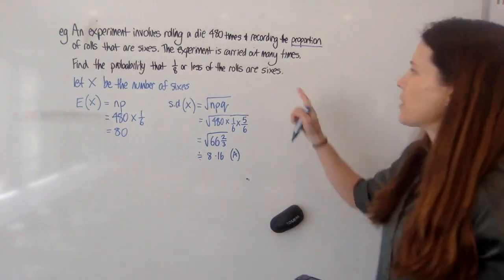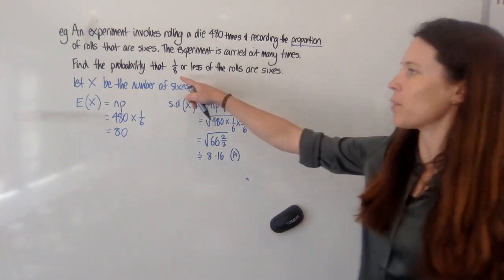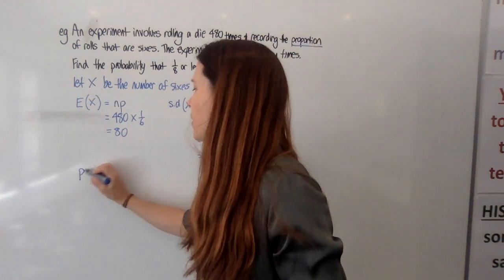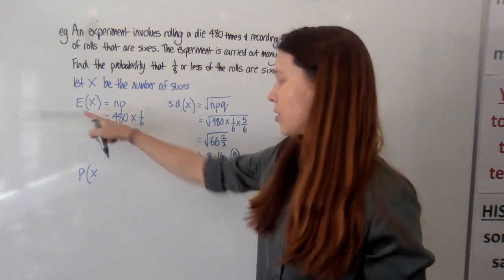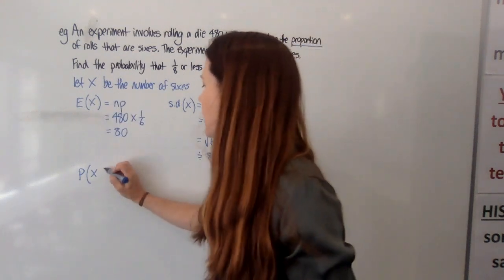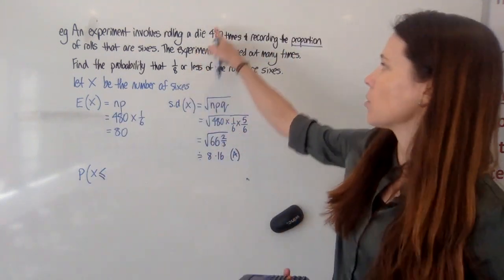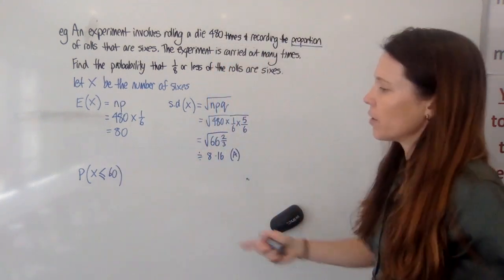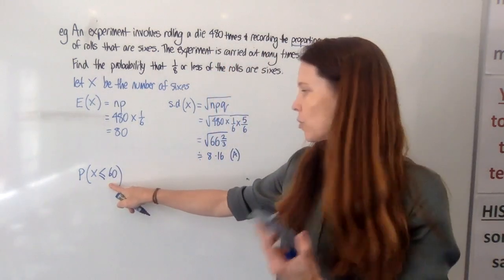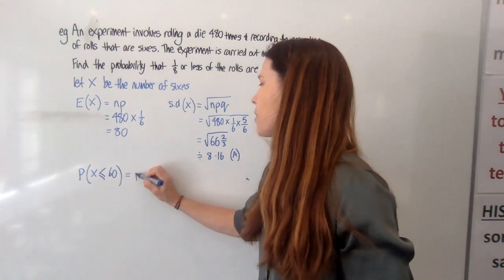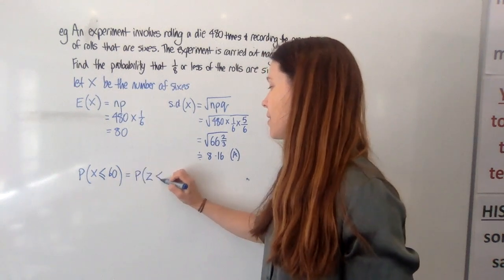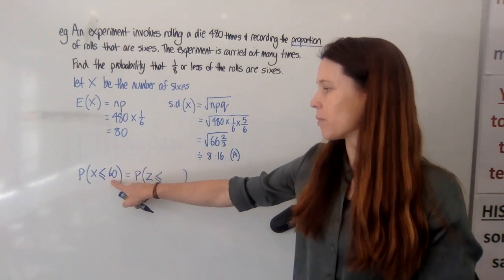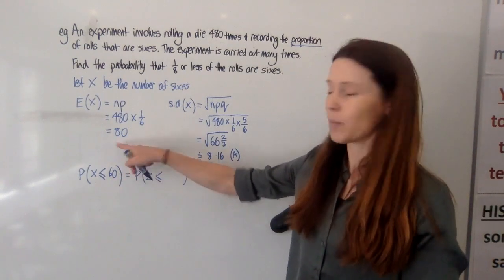Now, if I'm saying that I want to find the probability that 1/8 or less of the rolls are sixes, then I'm finding the probability that x, which is the number of sixes I'm going to get, is less than or equal to 1/8 of that, which is 60. So I need to convert this now to a z-score and say, well, that's the same as the probability that z is less than or equal to something. So I'm wanting to find 60 as a z-score. 60 is below the mean.